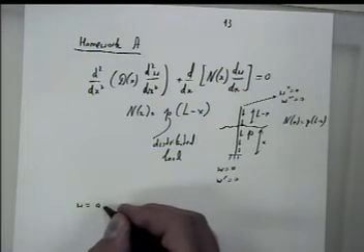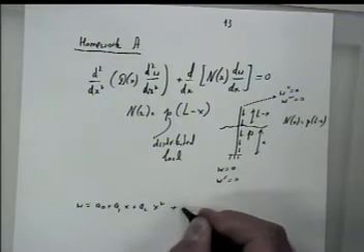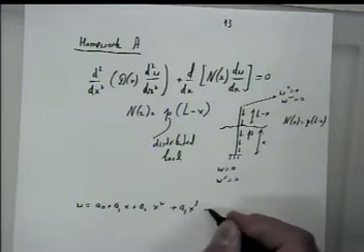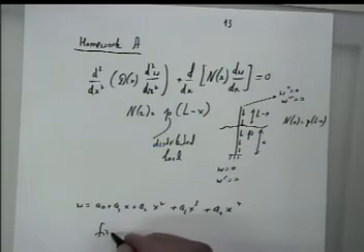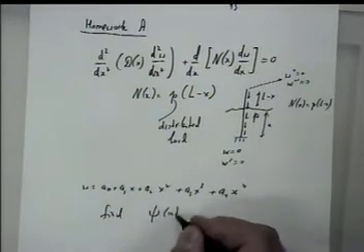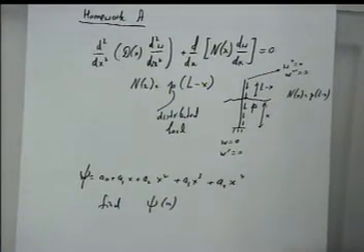So psi equals A0 plus A1x plus A2x squared plus A3x cubed plus A4x to the fourth. Not W, but psi.